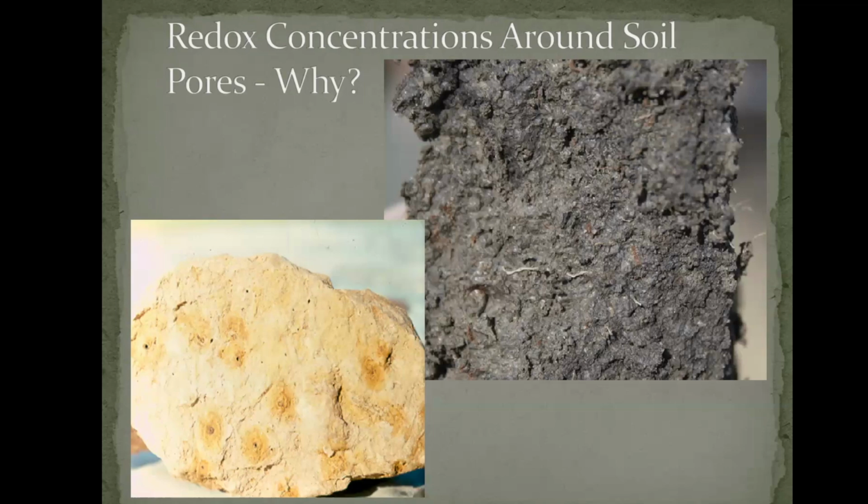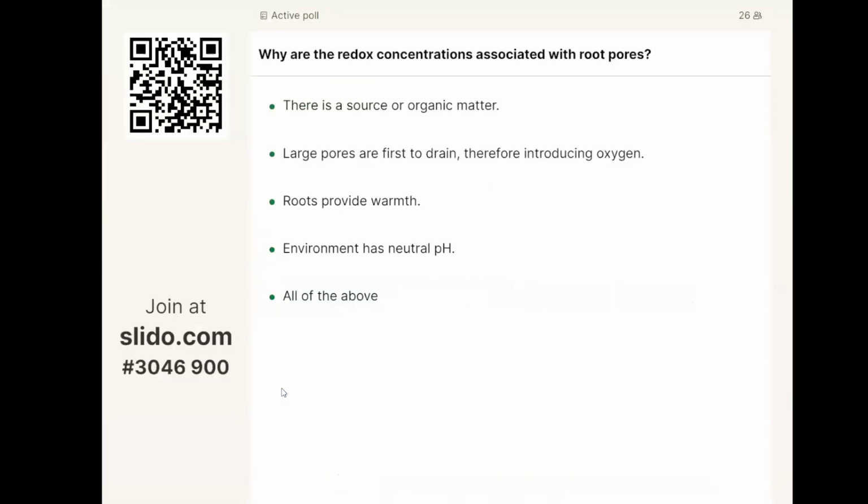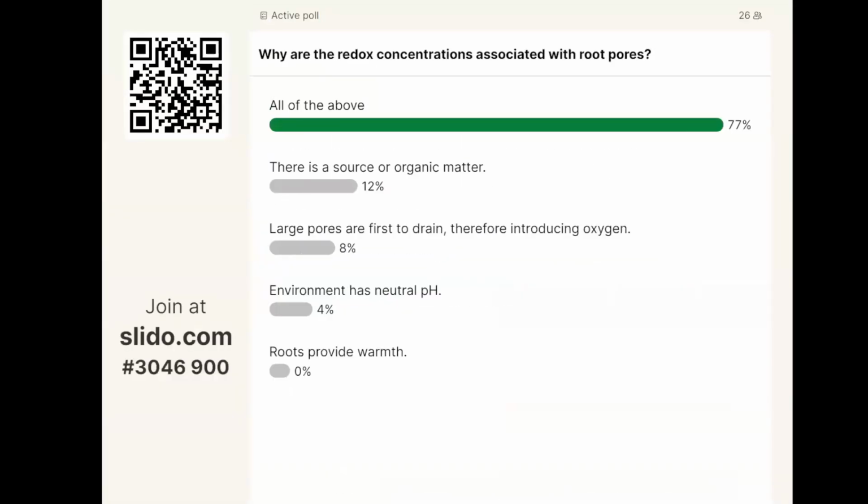So that's why it's important to differentiate. When you say root mottle, is it just a color pattern from a root? That doesn't matter. If it's a redox, even if it's associated with a root, it's still a redox feature. These are very wet soils, and they just happen to be near the root. Why? Because all the above.